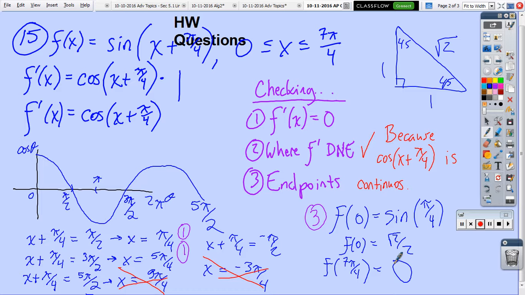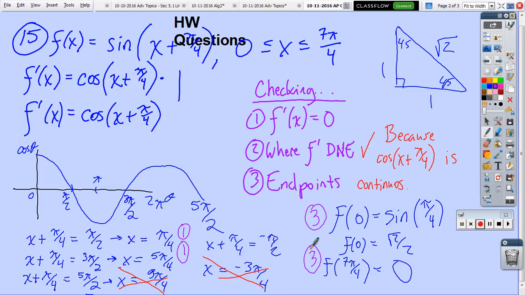So then now you just compare all of these. We're going to compare the points 0, square root 2 over 2, and 7 pi over 4, 0. Obviously this one is larger than this one, but we want to find all the local extrema and then label, okay, this one's the absolute max, this one's the absolute min.